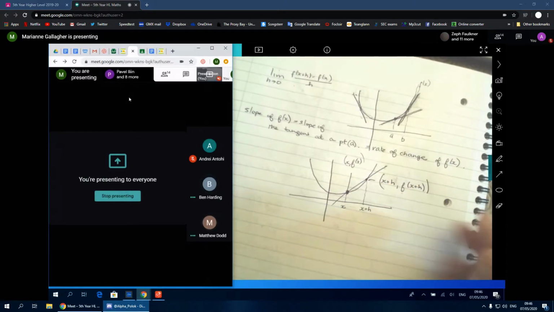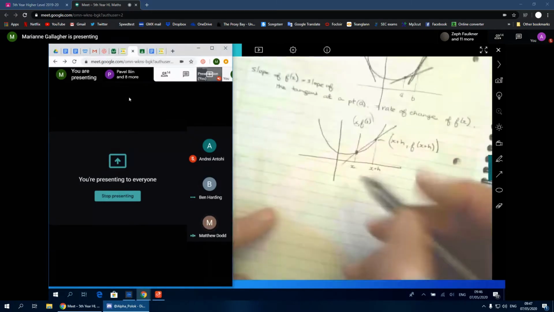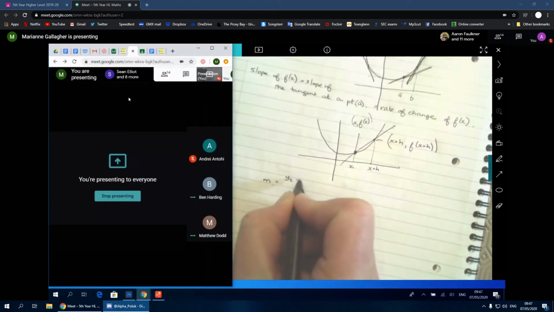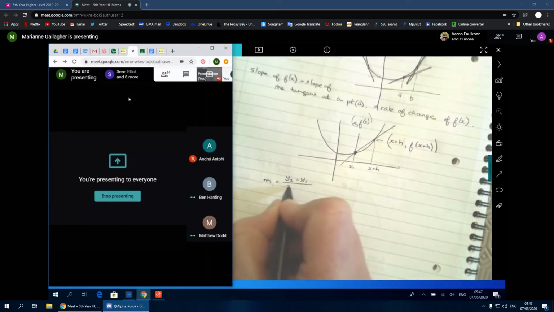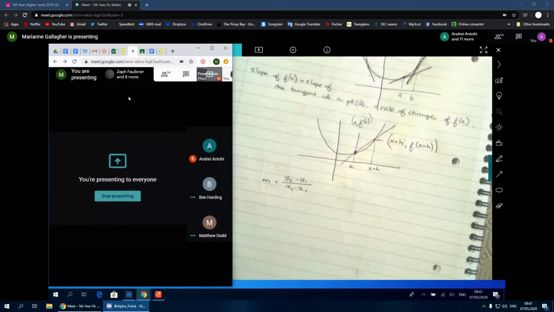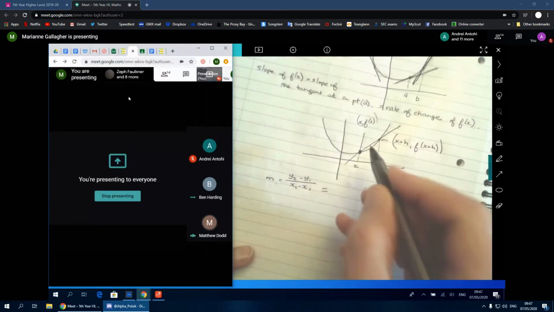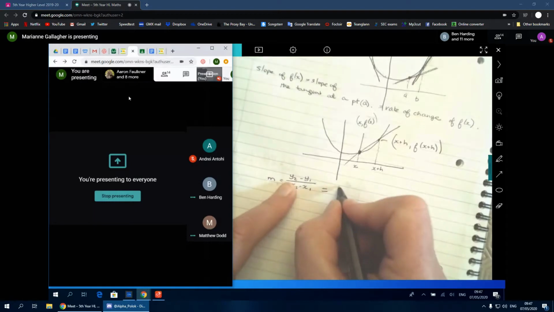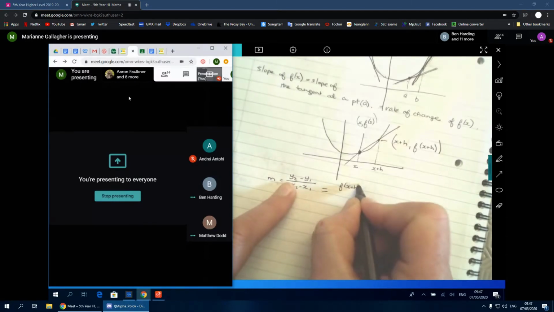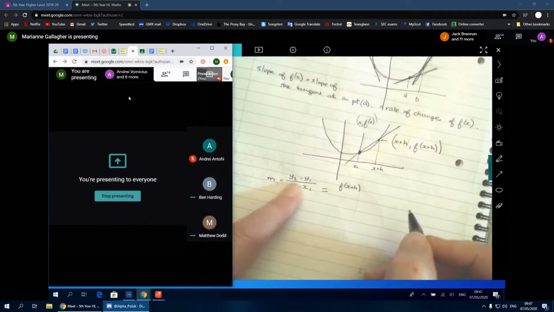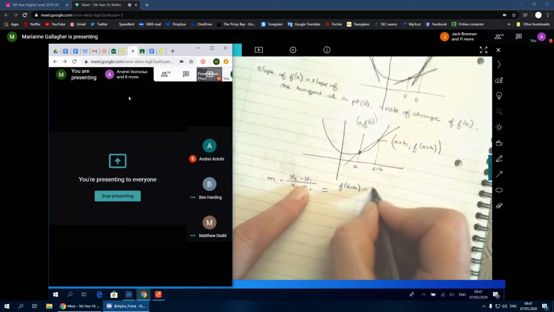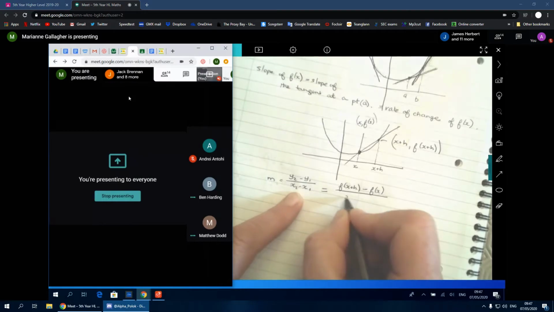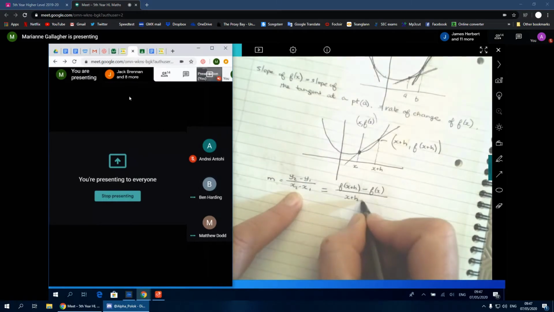Yeah. All right. So the slope of this line, remember slope is equal to y2 minus y1 over x2 minus x1. So this is point 1 and this is point 2. So y2 is f of x plus h. Does that make sense? y1 is f of x. x2 is x plus h, and x1 is x.